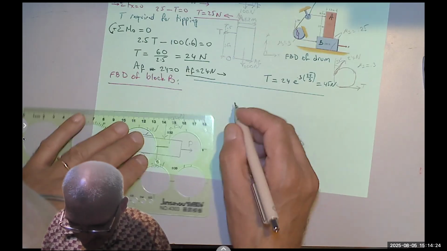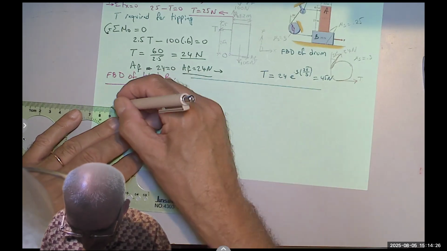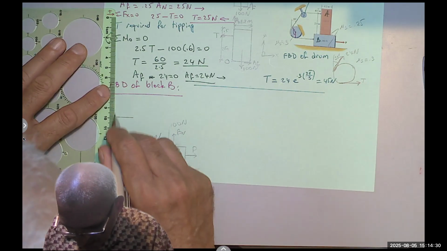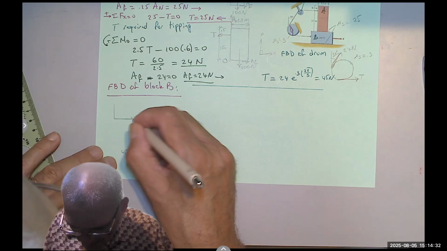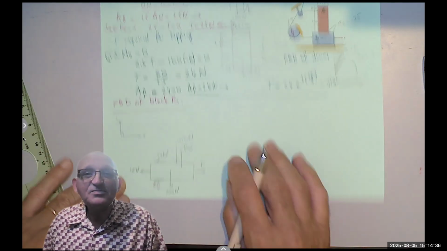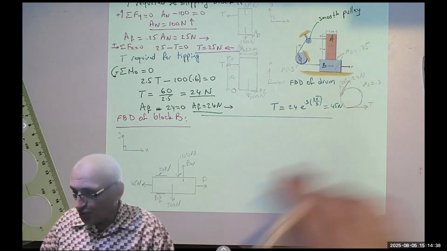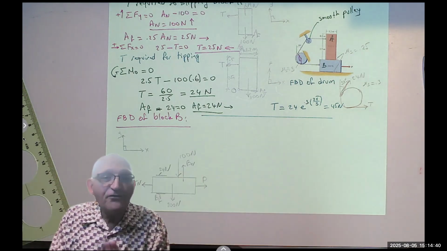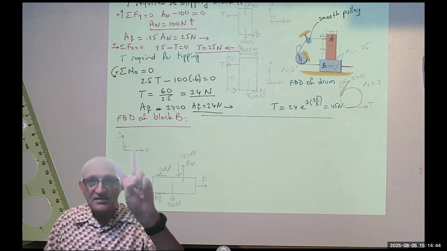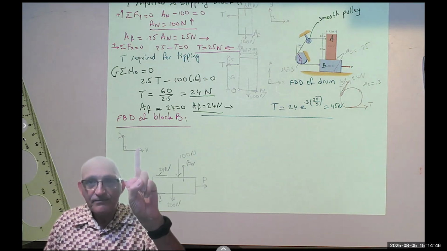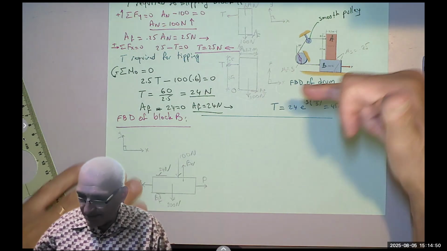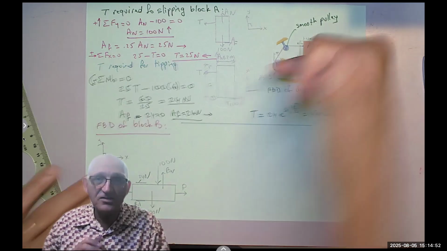Here is my X. Here is my Y. And that's a special case. Remember when I told you the normal force equals the weight if and only if two things are satisfied. The blocks are resting on a horizontal surface: the B is on horizontal, the A is horizontal.